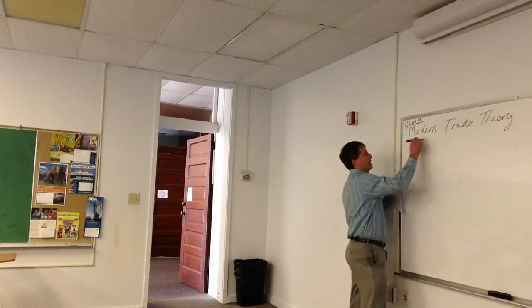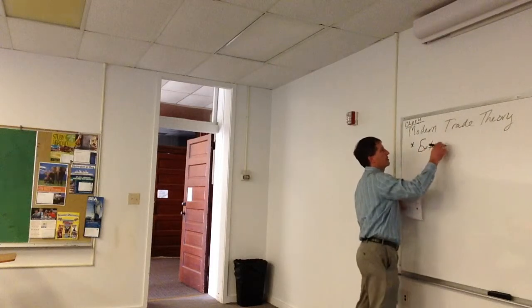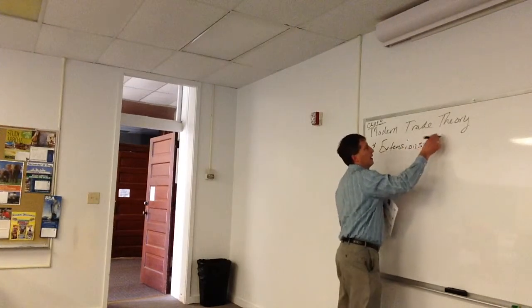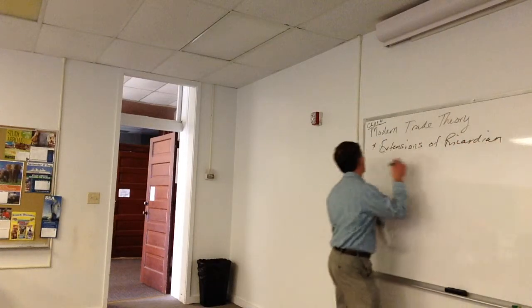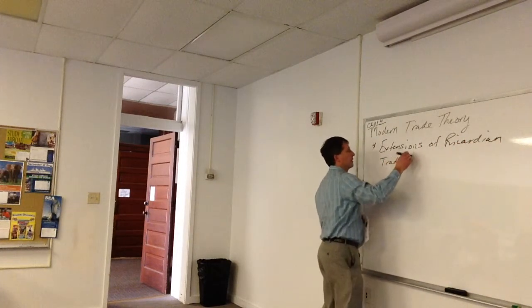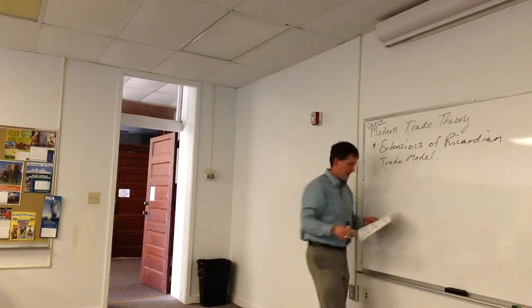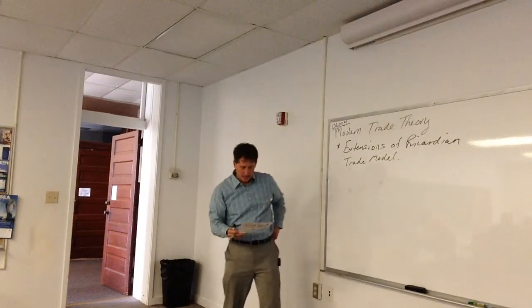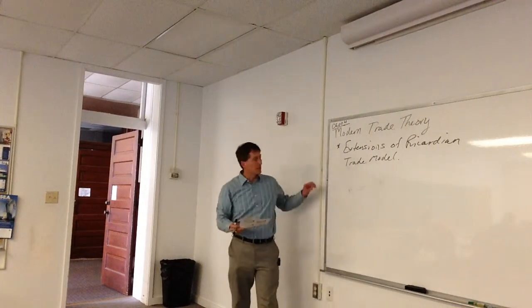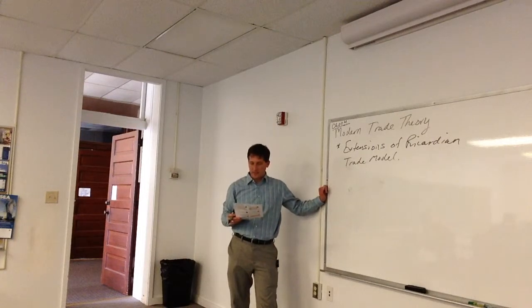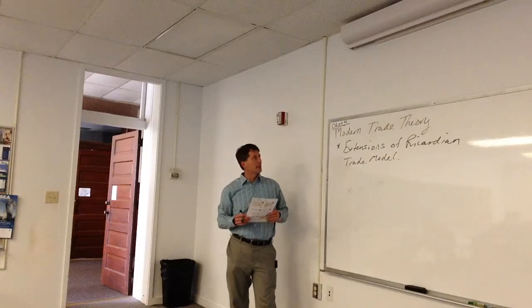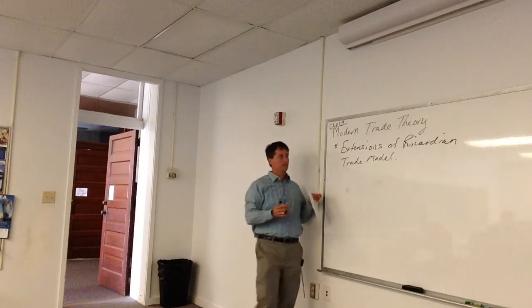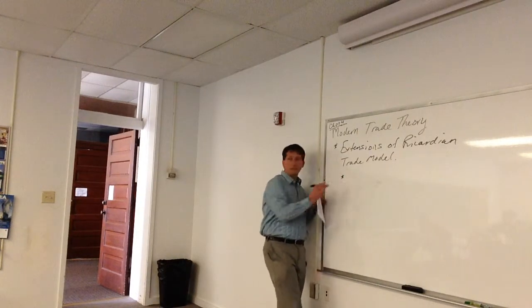So, modern trade theory is really extensions of the Ricardian trade model. As we uncovered, there were some simple assumptions in that model. So what was true about productivity? It was related to labor.